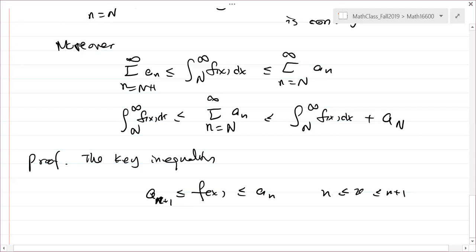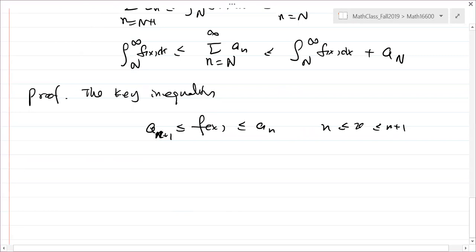So you integrate from n to n plus 1, f of x dx, and then this side is a_n, the other side is a_{n+1}.